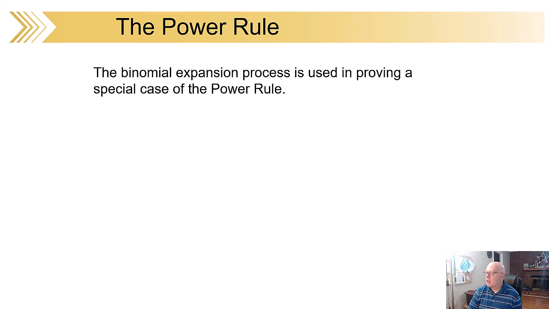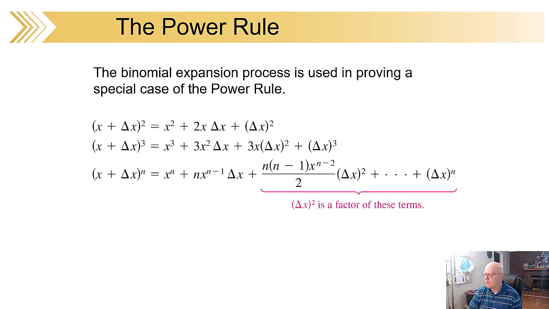So first of all, the binomial expansion process. It's a special case. So take a look at this. Now, if you follow my lead, you might put in your notes (x + h) squared instead. And if you follow the sort of parallel here, excuse the pun, it'd be x squared plus 2xh plus h squared.